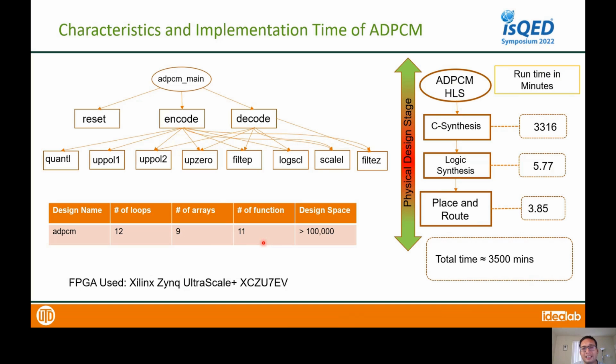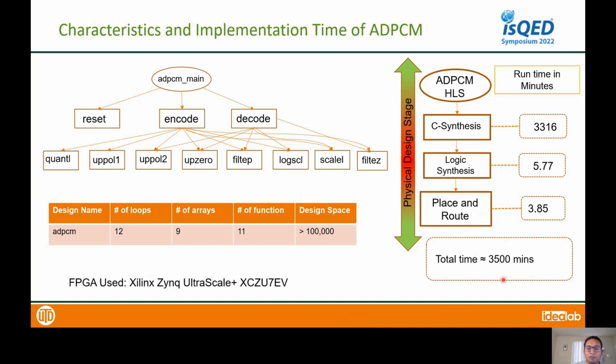So this is the runtime of this design. It consists of C synthesis, logic synthesis, and place and route. The C synthesis time here includes the design space exploration time of around 500 designs. And finally, we select only one design out of those 500 for our physical implementation consisting of logic synthesis and place and route.